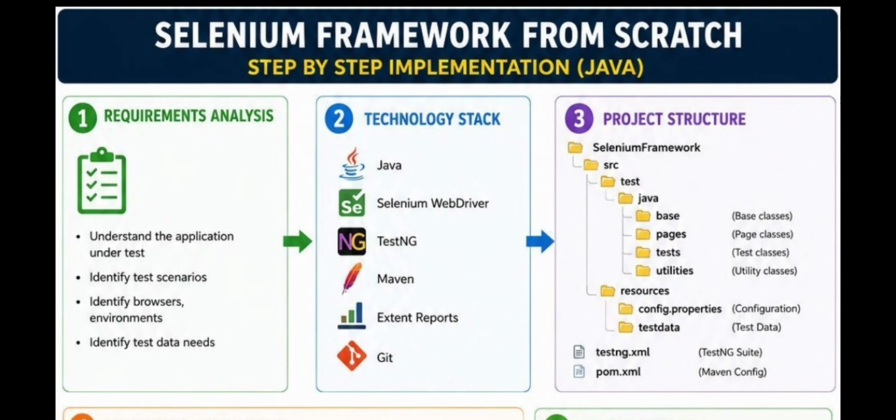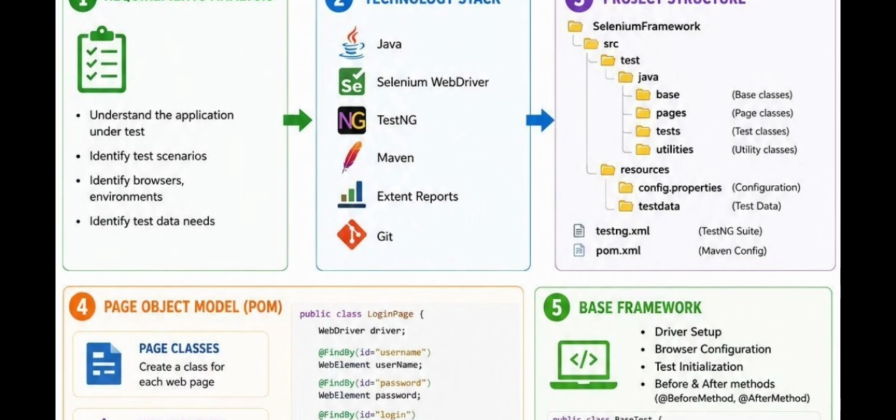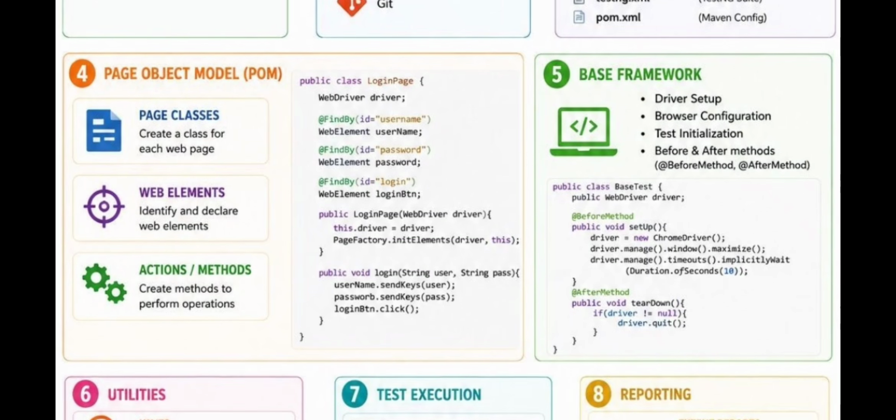Under src/test/resources, we'll have configuration properties and we'll maintain the test data. Apart from this, at project level, we will have the testng.xml file for managing the TestNG suite, and the pom.xml file for managing the dependencies.